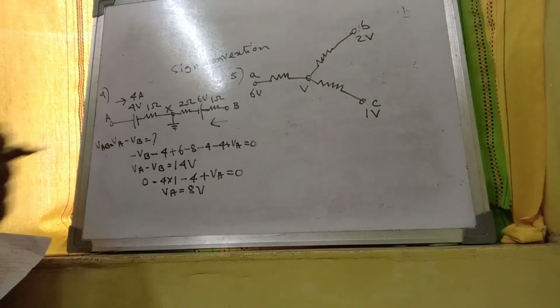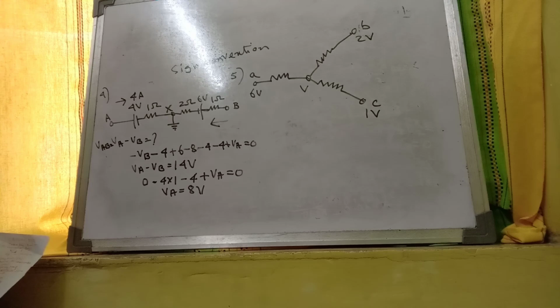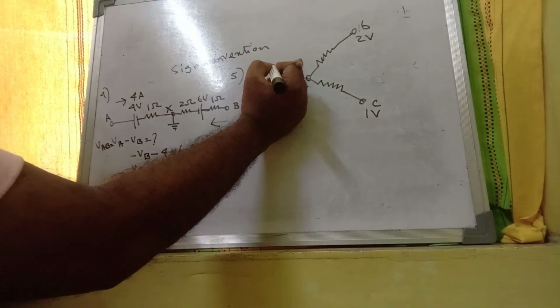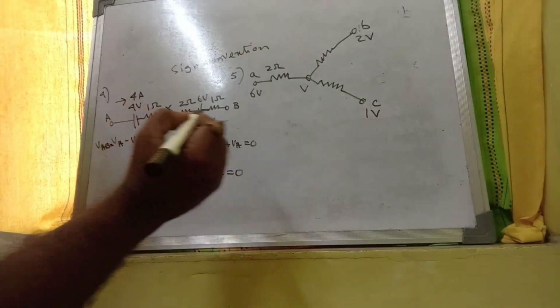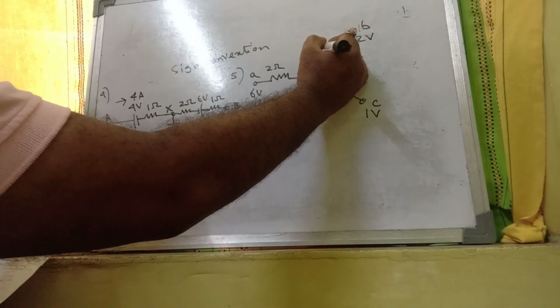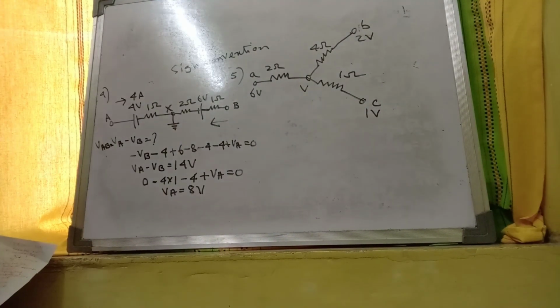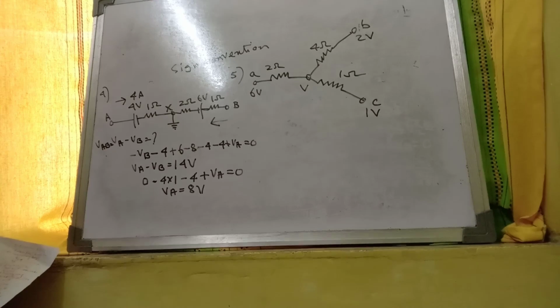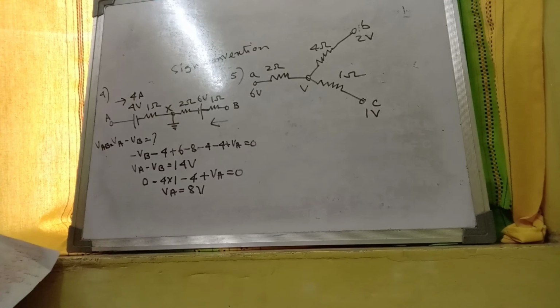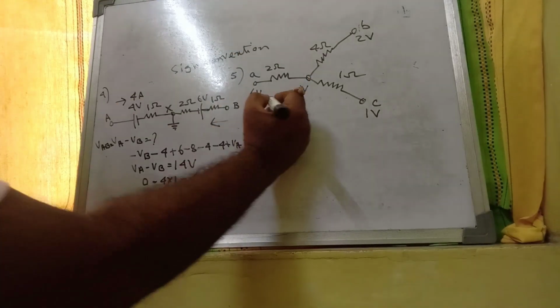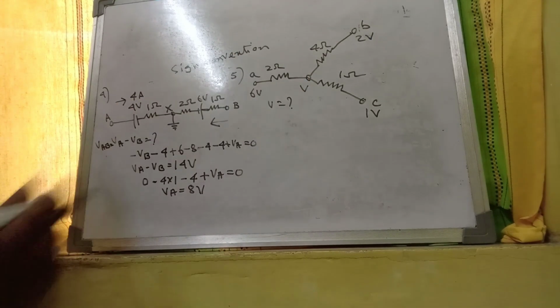So these are all given. To find V. The potential of points A, B and C is given. So 2 ohm resistance. This is 4 ohm and this is 1 ohm. The potentials of the points A, B and C are provided. So we have to find the voltage at the junction. That is, we have to find V.